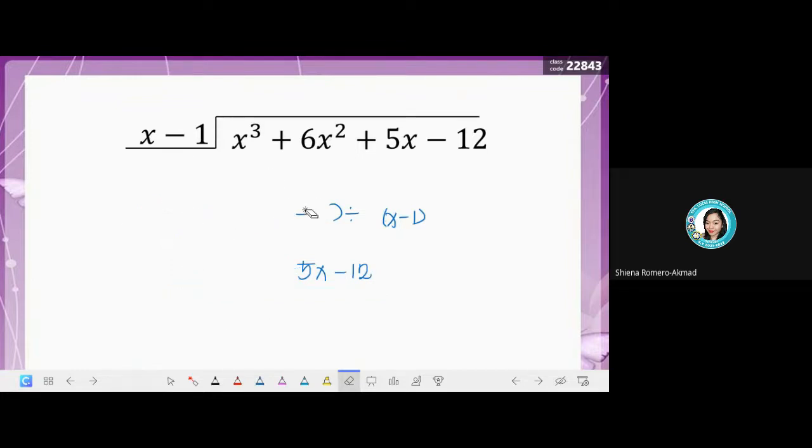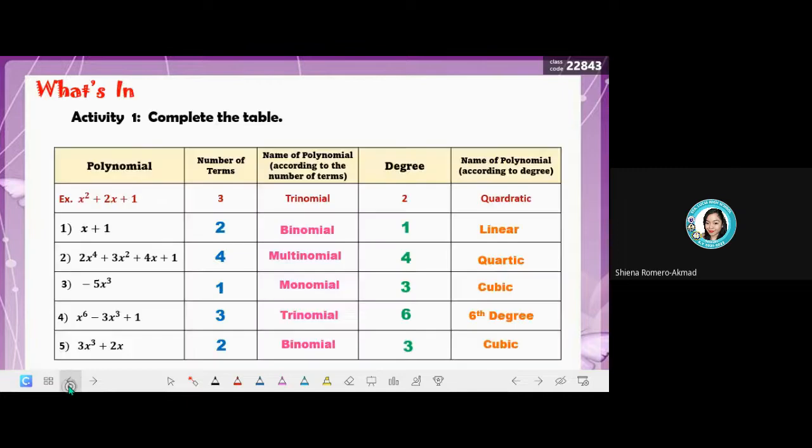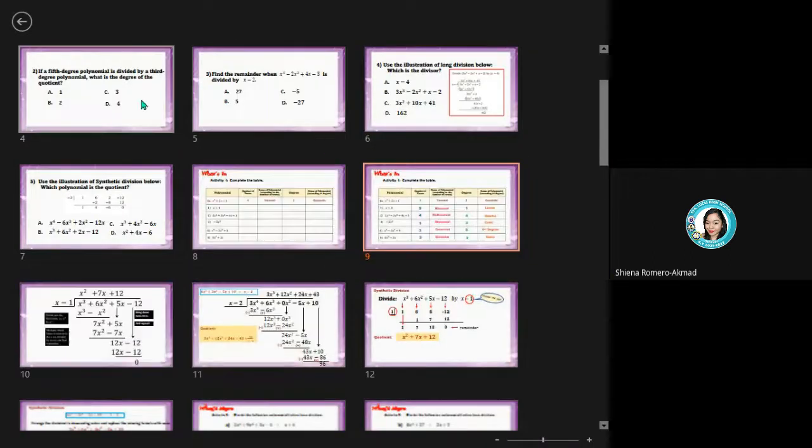So gawin natin example yung number 1 kanina. So balik tayo doon sa number 1. Ayan, balik tayo sa 1.